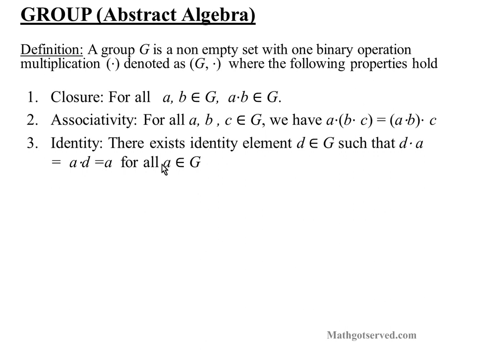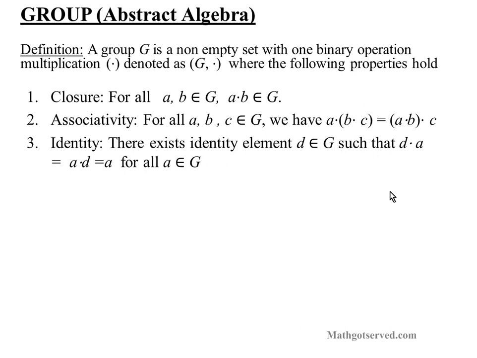So here it states that there exists an element D in G such that D times A is equal to A times D is equal to A, for all A in G. In this case, D is the identity element because when we multiplied D times A, we ended up with the original element, which is A. So D is the identity element.